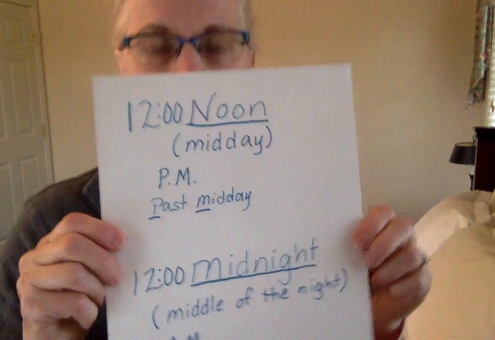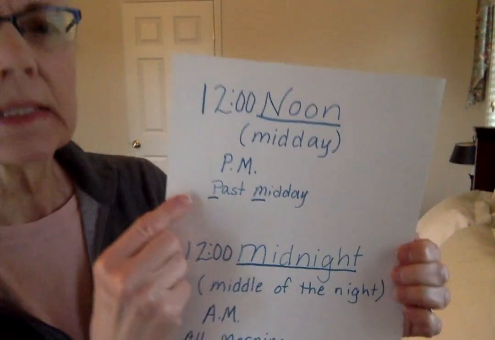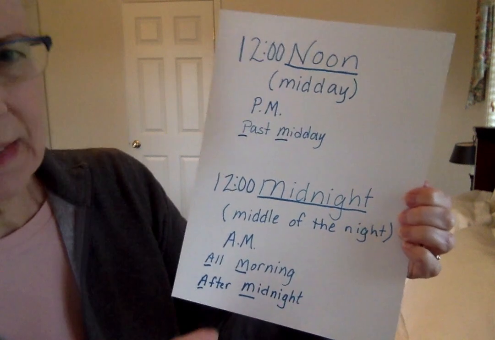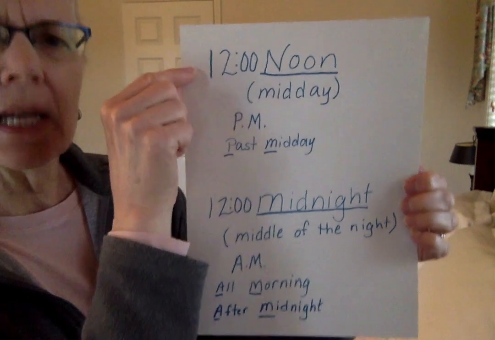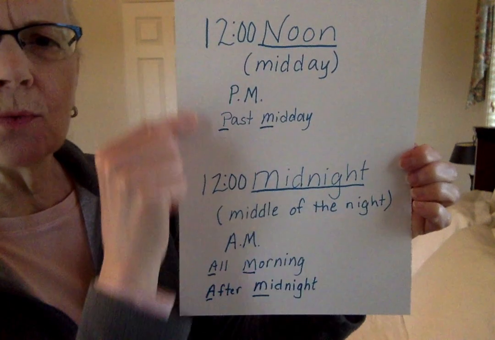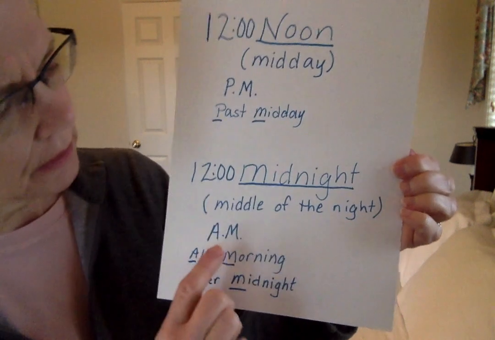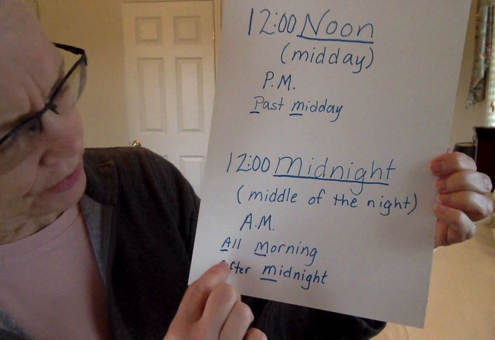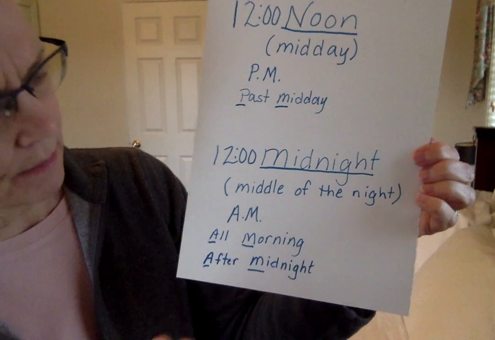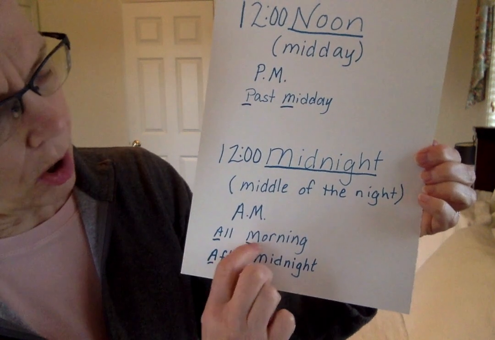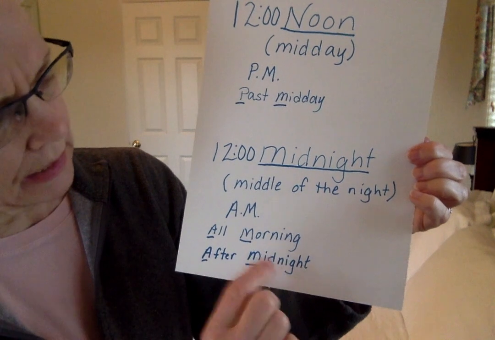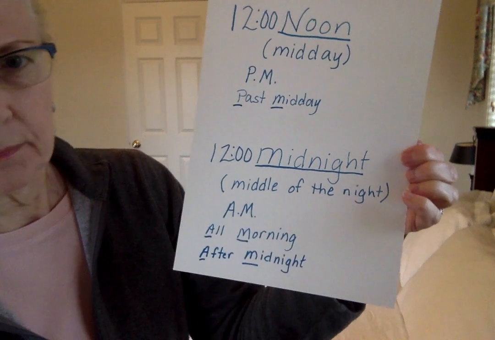So if it is 9:30 in the morning, that means it isn't quite noon yet. It's earlier than noon, so we are still after midnight, AM. So all morning after midnight is AM.